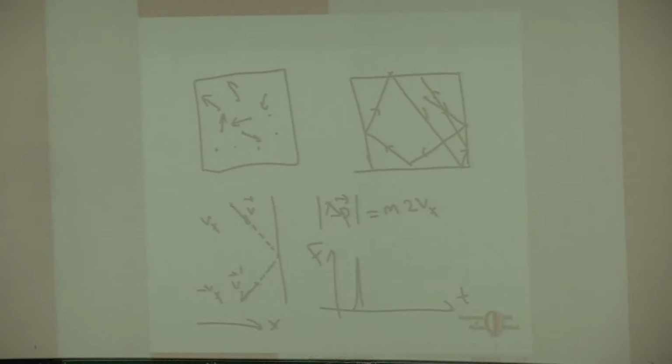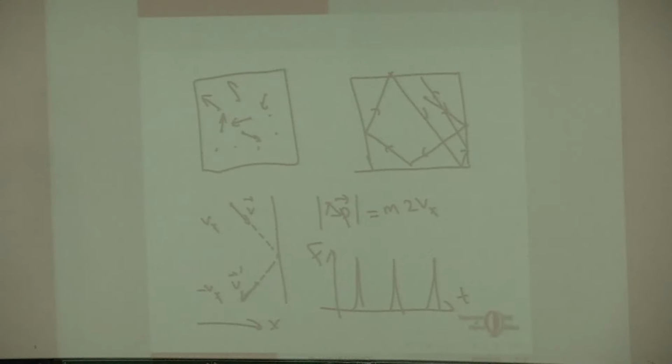You measure another force, moves around, comes again. You measure another force. So this is what you, in an ideal situation at least, would have measured if you would measure the force acting on this wall. It will not be a constant force. It will just tick, tick, tick.